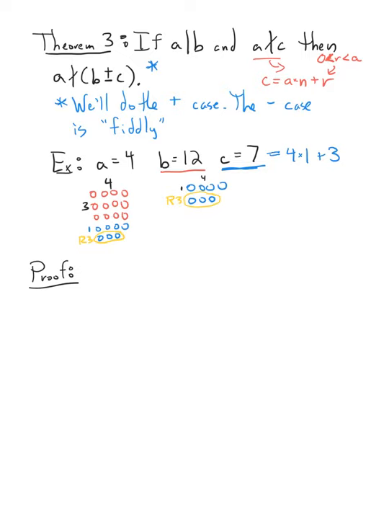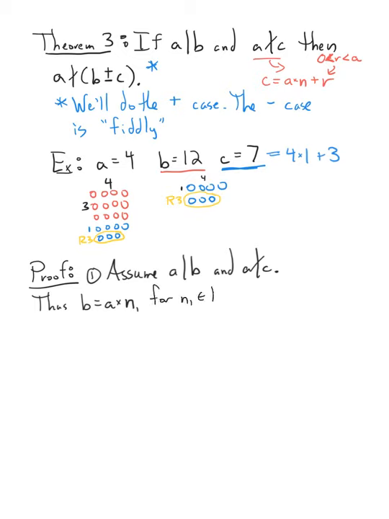Okay, now that we're back, let's do our assumptions. So let's assume that A is a factor of B and A isn't a factor of C. And let's write what this means algebraically. Thus, we can write B as A times some number, let's say n1, for some whole number n1.